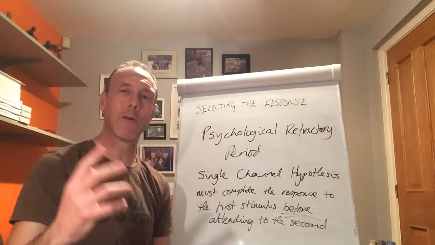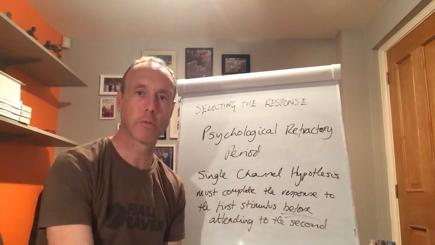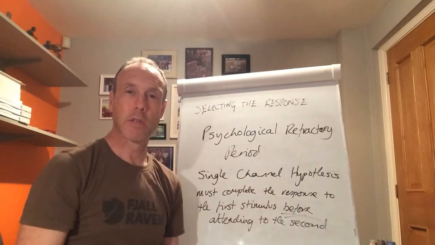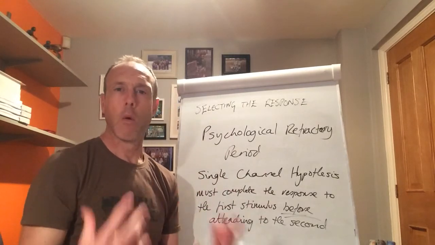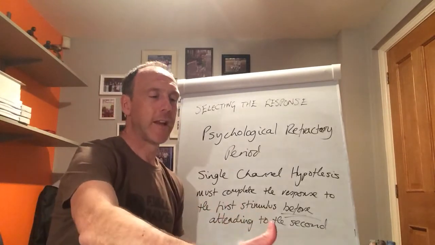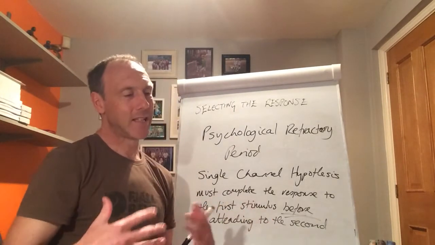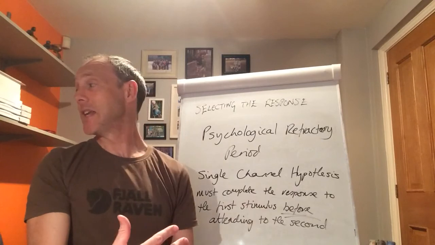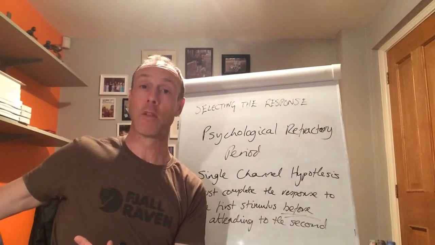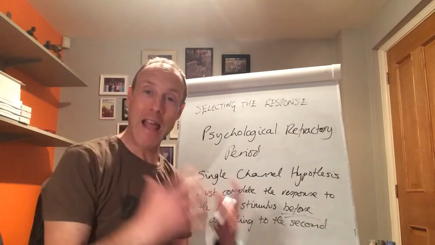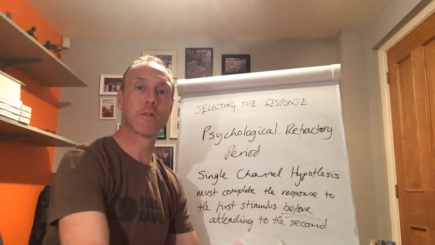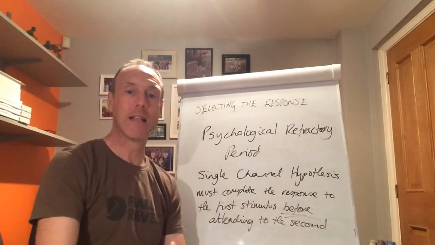But throughout, there is a plethora of examples of the psychological refractory period and the single channel hypothesis, up to a point where there's even one clip in one of the videos that I've seen where the defender is nutmegged, and you can see he is still moving forward, his head is behind him, he's looking, he knows where Messi's going now, he knows where the ball's going, but he cannot do anything about it until he has completed that first response to the original stimulus, and hence that's how it works.